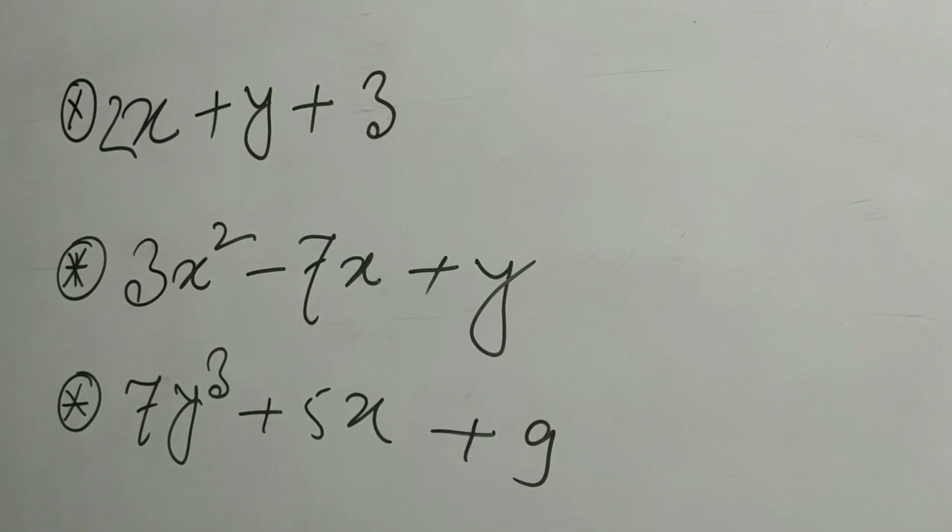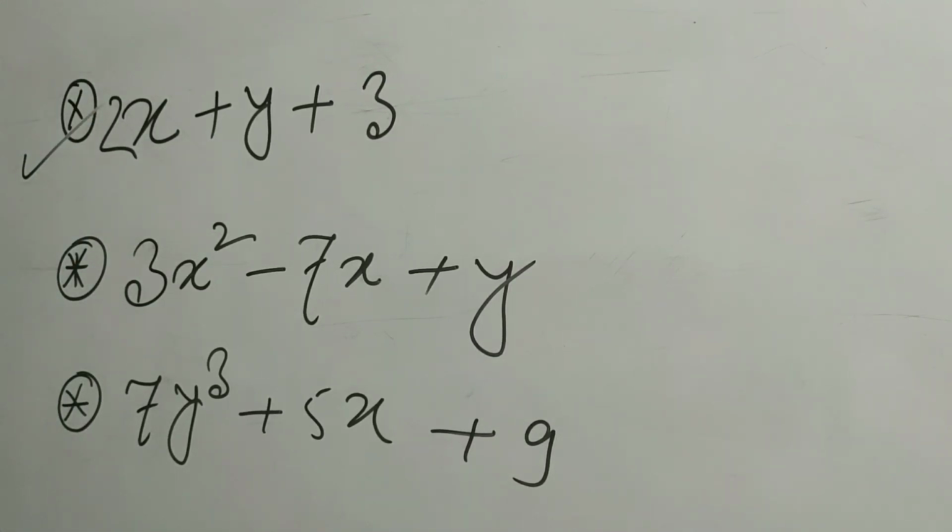Now let us take some examples of polynomials. Here there are three examples. Depending on the power of the variable, a polynomial can be divided in three different ways. You see the first example. What is the power of the variable here?